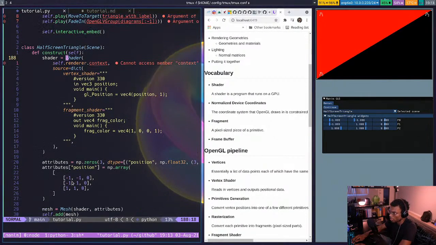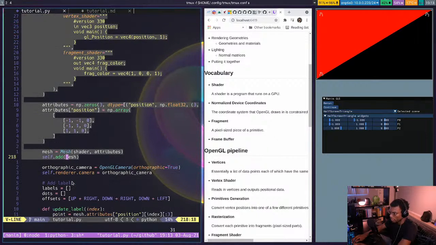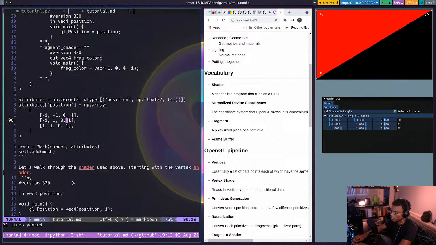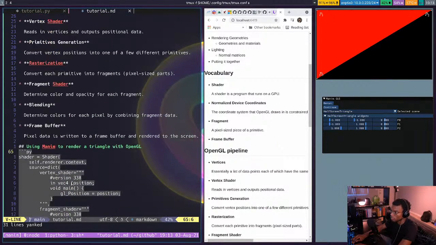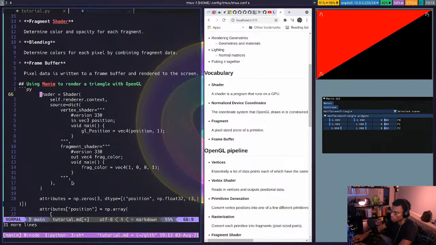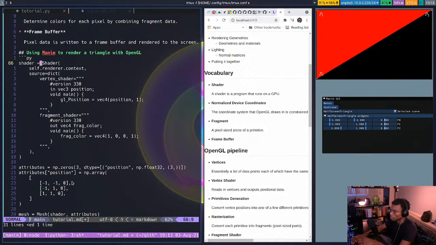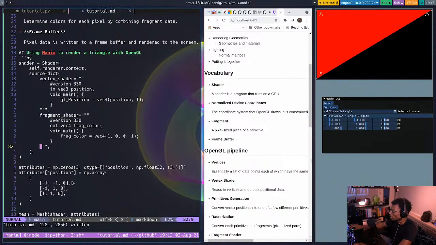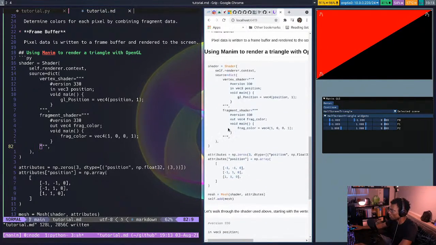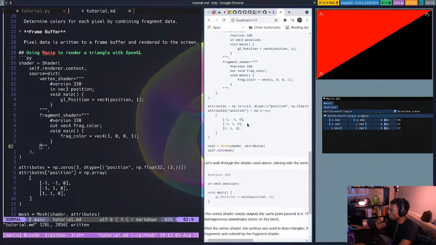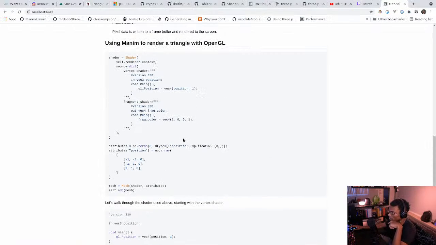And I'll actually copy the shader back over. Okay, and now, just looking at this, there's a few things to walk through.